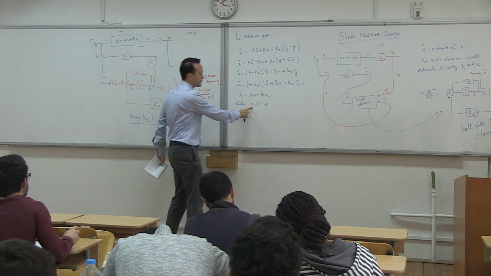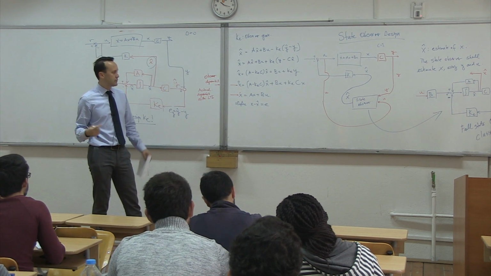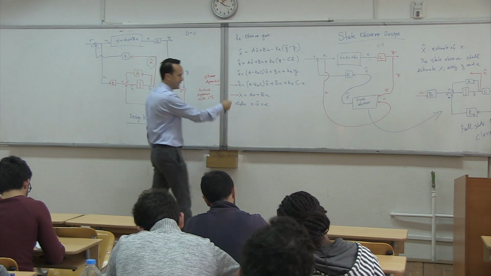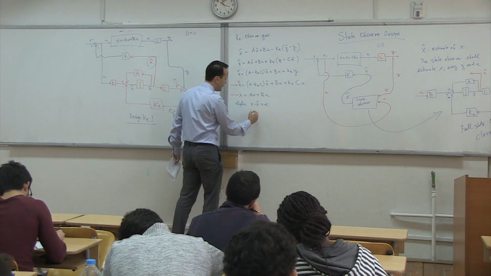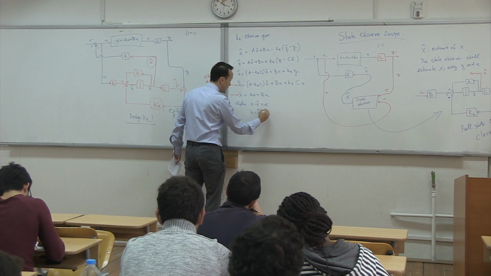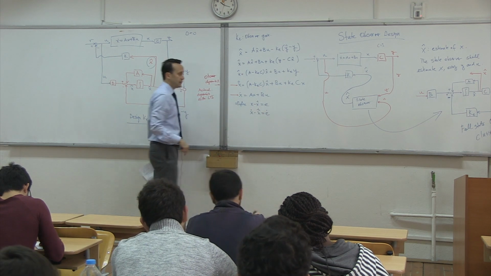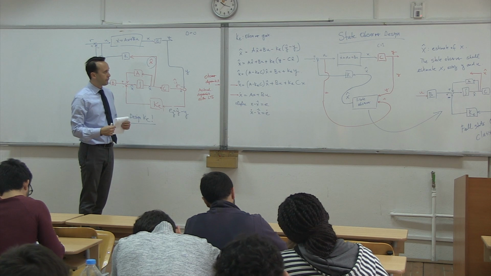I want to call x minus x hat equals E the real error here between the states. All right. So if you define it like this, you can take the derivative of both sides, and you will get x dot minus x dot hat is equal to E dot. Right. If you take the derivative of both sides, that's what you get.